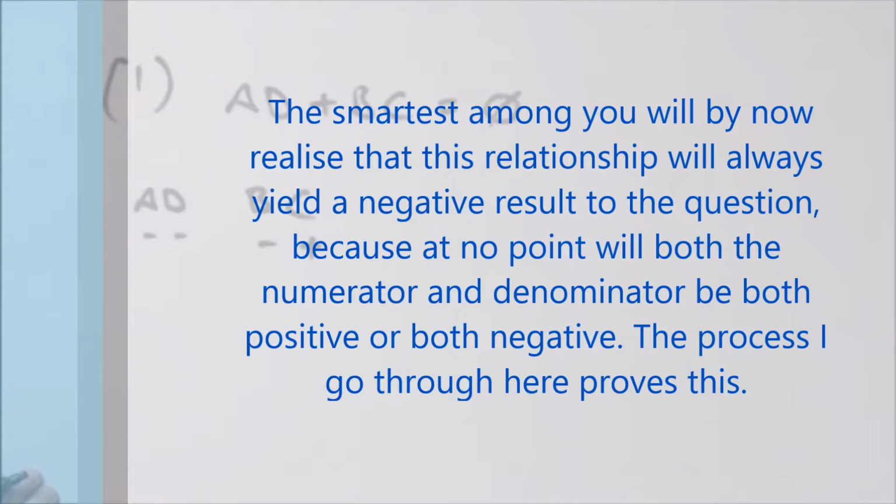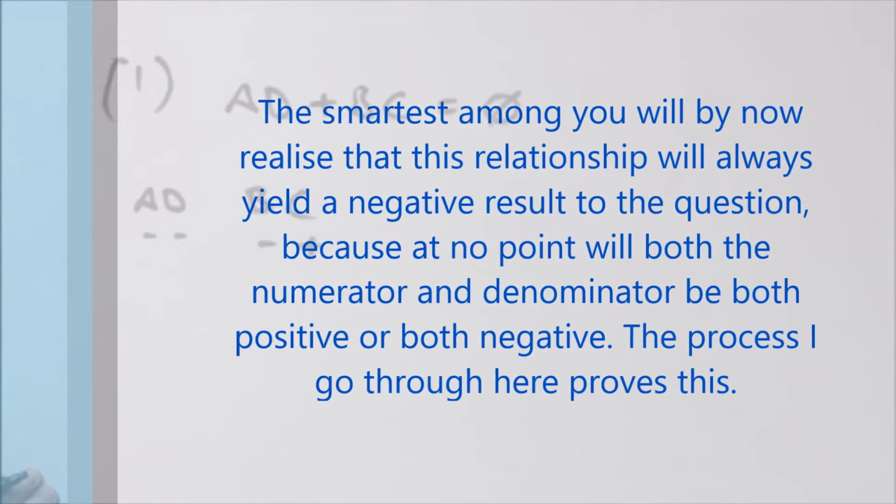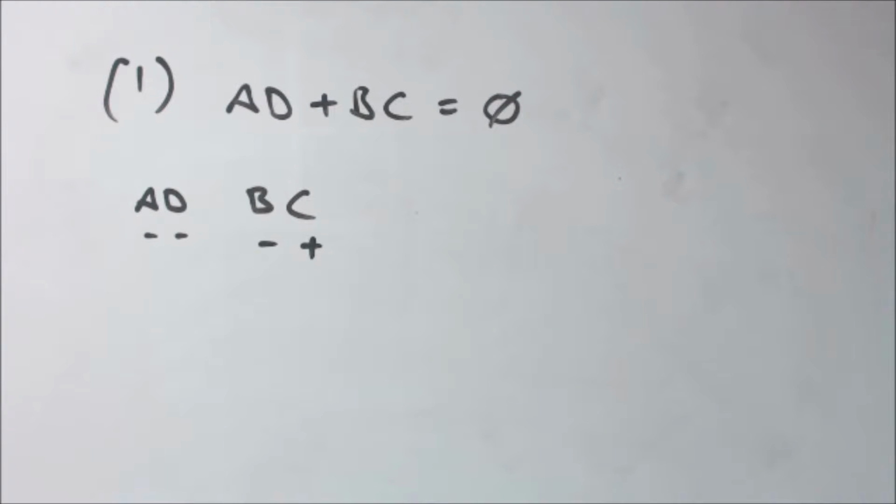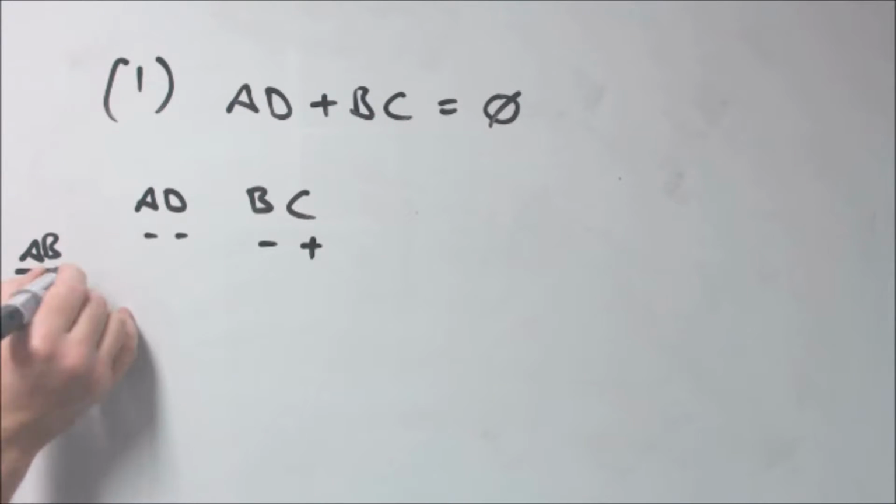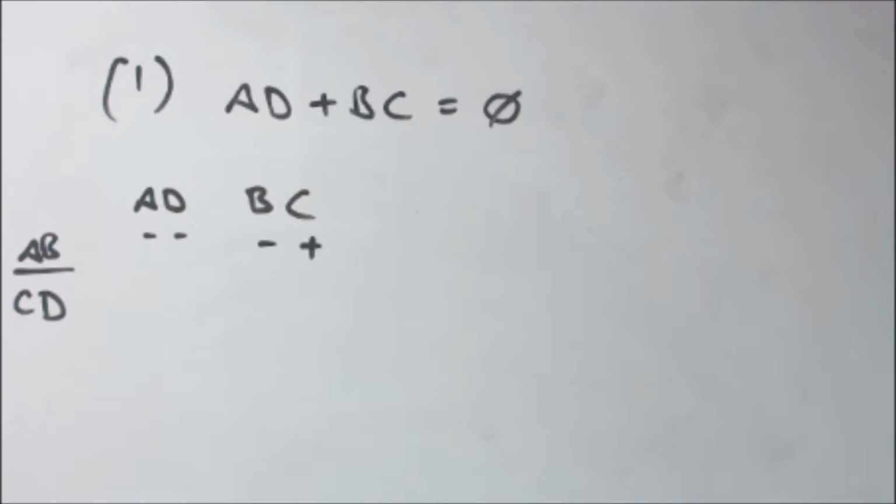It could be B negative C positive or C positive B negative in the case where A and D are both negative. Later in a minute we'll be looking at when AD are both positive, except we have to look at every option from both angles until we're absolutely certain that we can claim sufficiency or insufficiency.